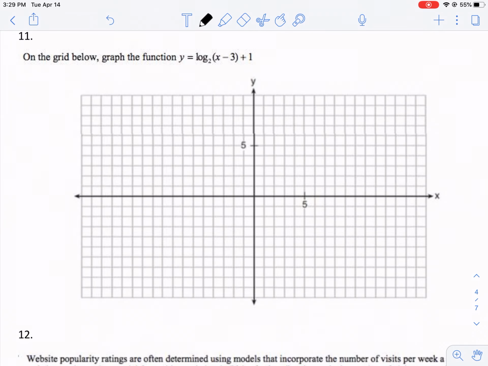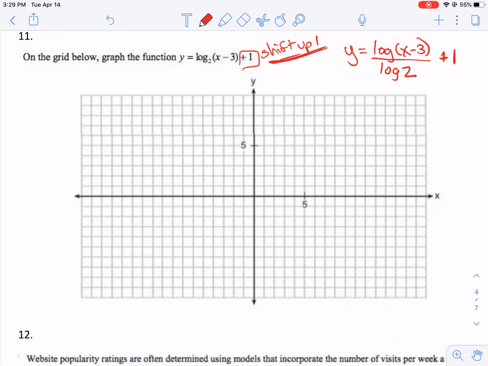Alright, number 11, graphing. If you can't tell, they do like their graphing problems. Very common. This time we've got the plus 1. So if you remember your shifting, this is a shift up 1. So I am going to go to y equals, do my change of base formula, x minus 3 over log 2, and then I'm going to remember that whatever y value it tells me, I have to shift it up 1.